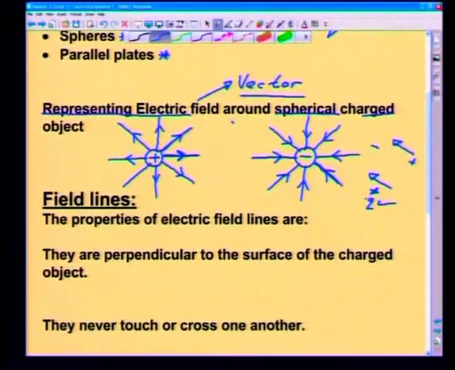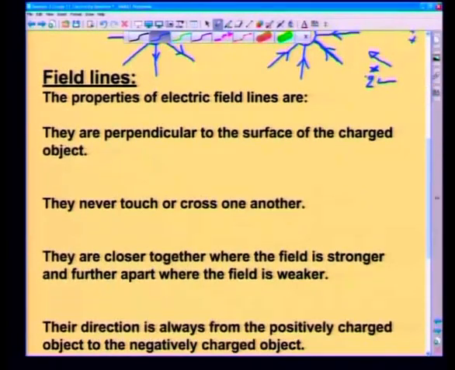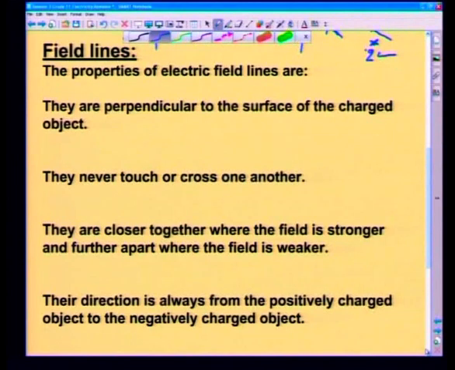Right, I want us to spend a few minutes talking about the field lines. And this will also explain to you why I draw the field lines the way I did. So let's talk about field lines. We have got properties of field lines.